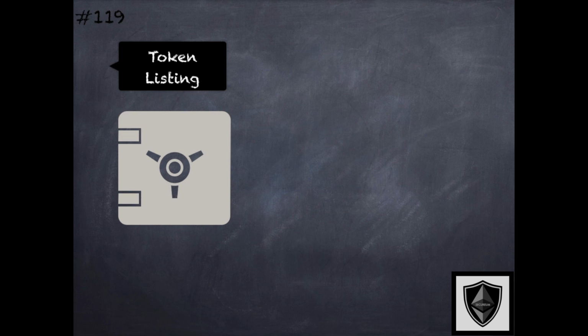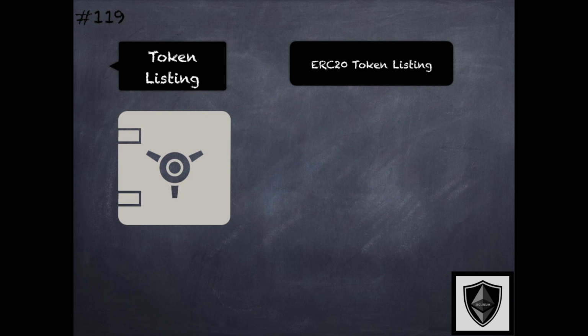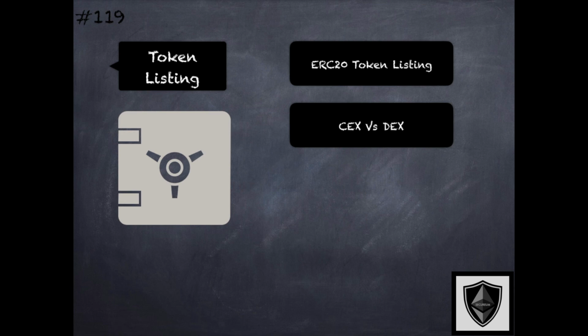ERC20 tokens get listed in various places to allow trading between users. These tokens may get listed on centralized exchanges or decentralized exchanges. Decentralized exchanges are expected to be more resilient to failures, and therefore are expected to be up and accessible all the time.